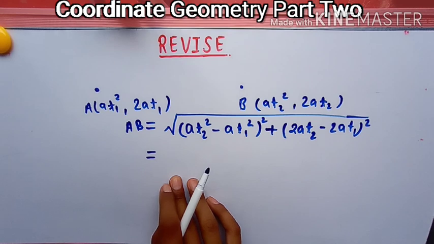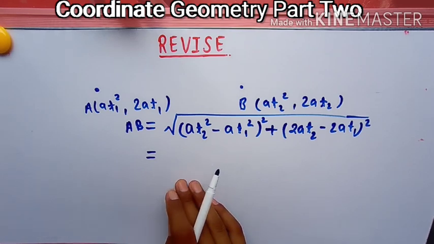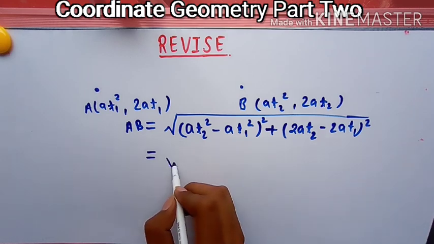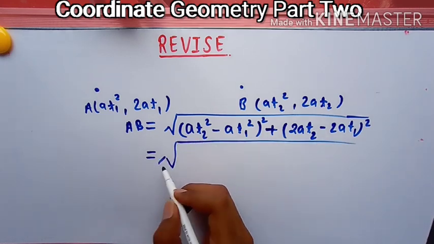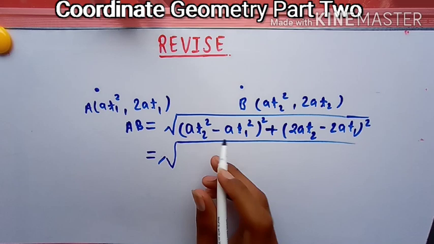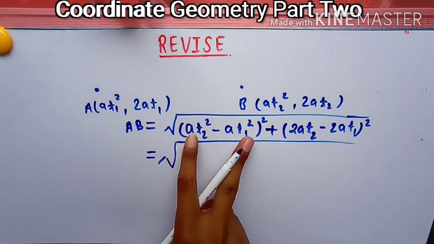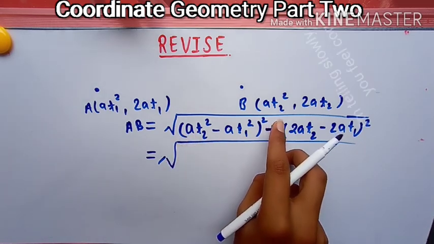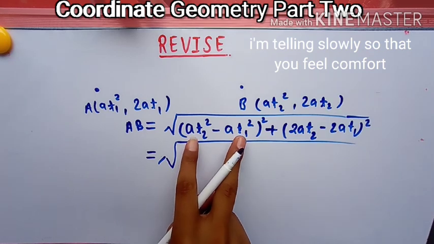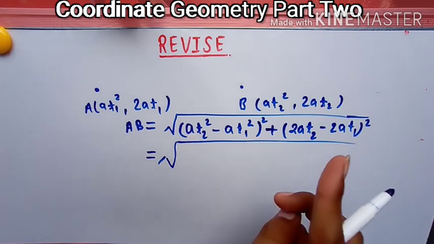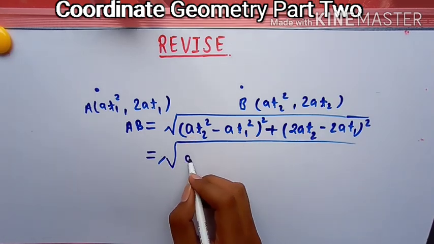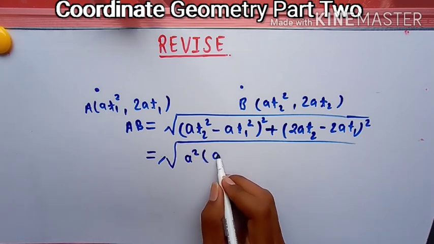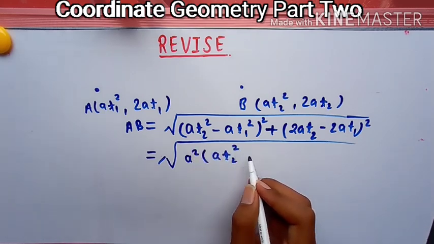And I promise you I will make you master in taking common, understand? So let us do it quickly. Just take a common, and when you take a common from this bracket, look at the square. A square is given over, so you cannot take a as common because you have to square a, so it becomes a square. Did you understand this?